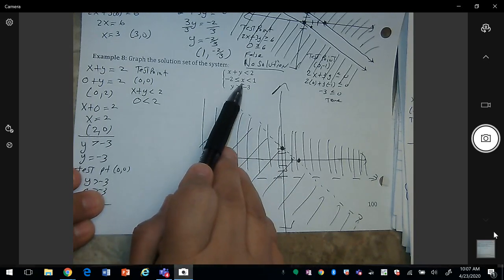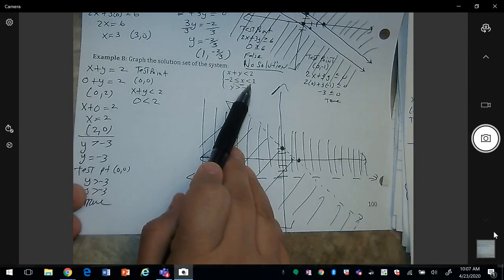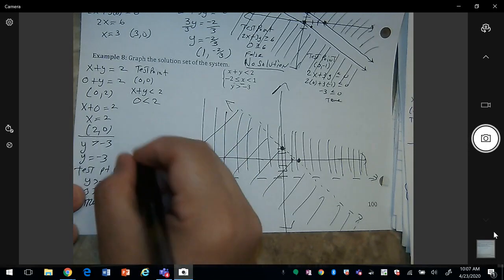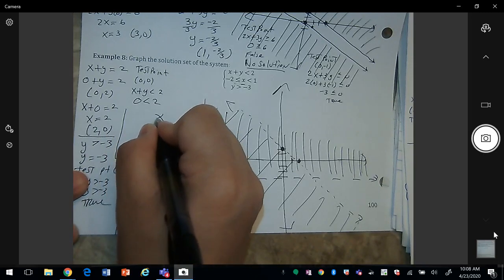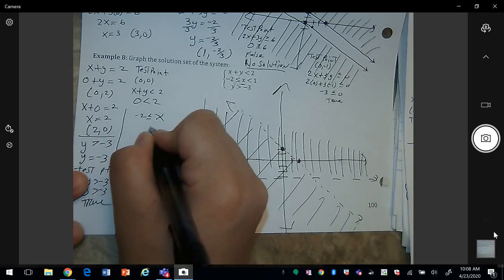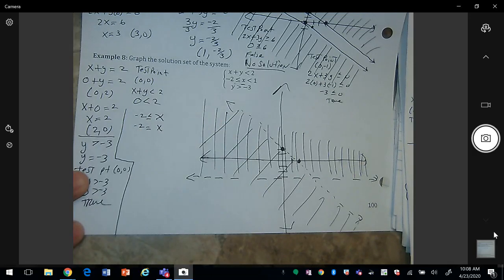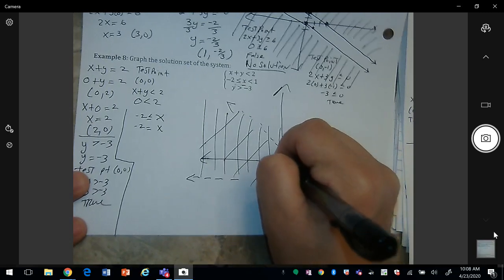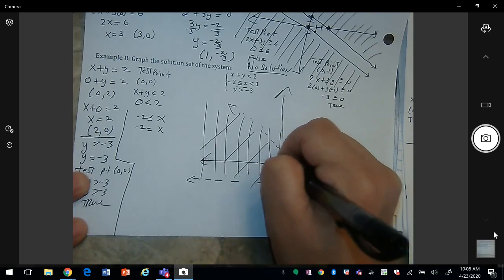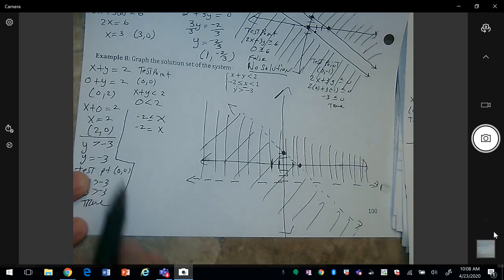But now we have this inequality. So here it produces two different inequalities. So one is x is greater than or equal to negative 2. So that's just going to be a vertical line at x equals negative 2. And this is going to be a solid line.